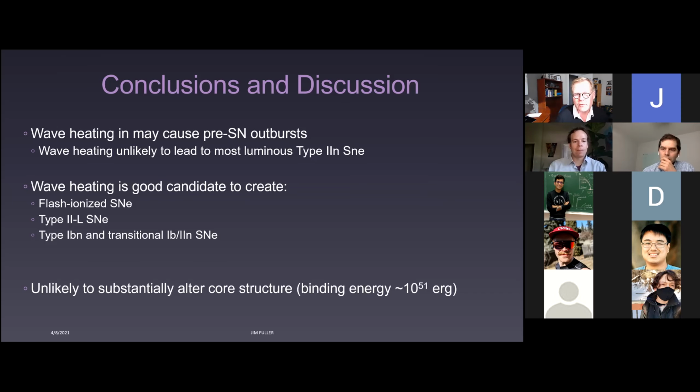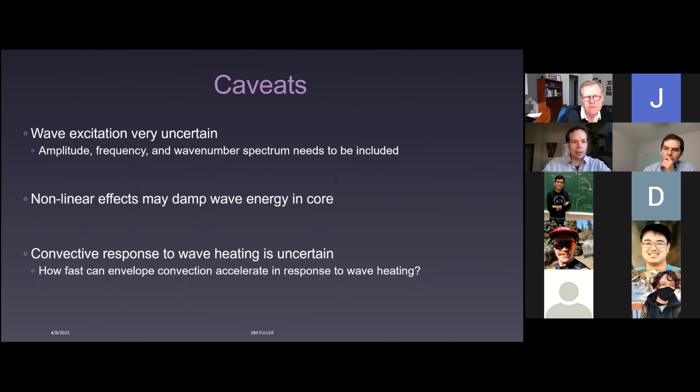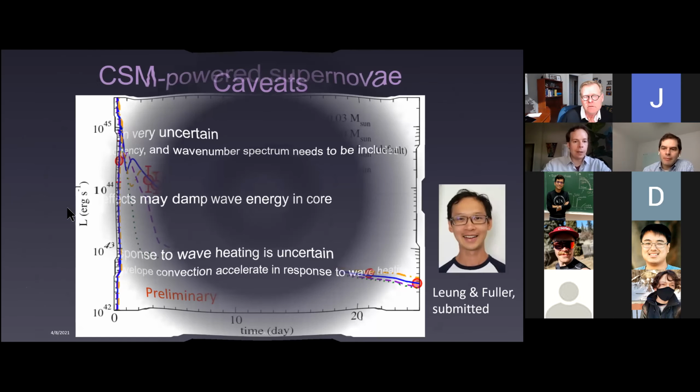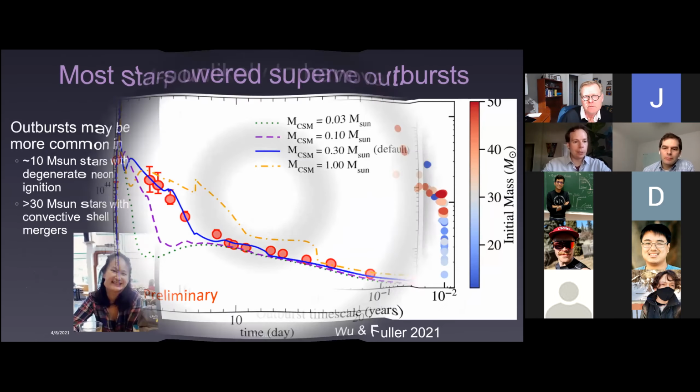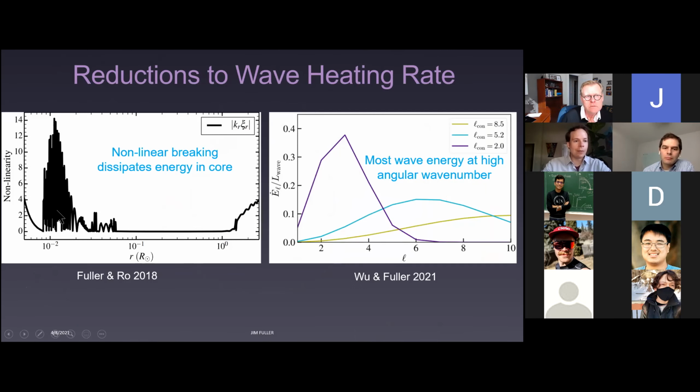If I can also ask another quick question, when you're looking at the waves then propagating outwards, you must have included the inelastic effect. Is there any possibility that you have the waves overturning because they get to such large amplitude before getting to the outer shell? Yep, absolutely. So one of the things I skipped over a bit is that, yes, in many cases, the waves get to very nonlinear amplitudes, and that will cause overturning of the stratification, and that will damp a lot of the wave power before it gets out of the star.